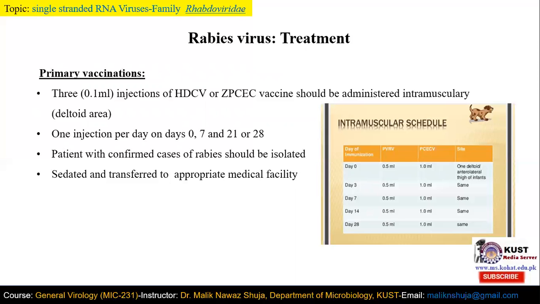Sedation and transfer to an appropriate medical facility should be adopted. Otherwise, once it develops into the chronic stages and the person enters into a coma, there is no chance of recovery. So to reduce this stage, it is better to get proper treatment at the hospital level.